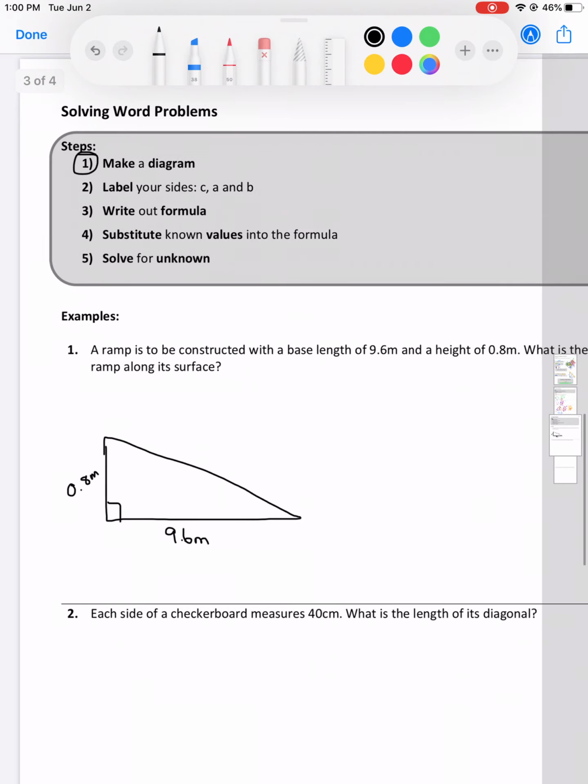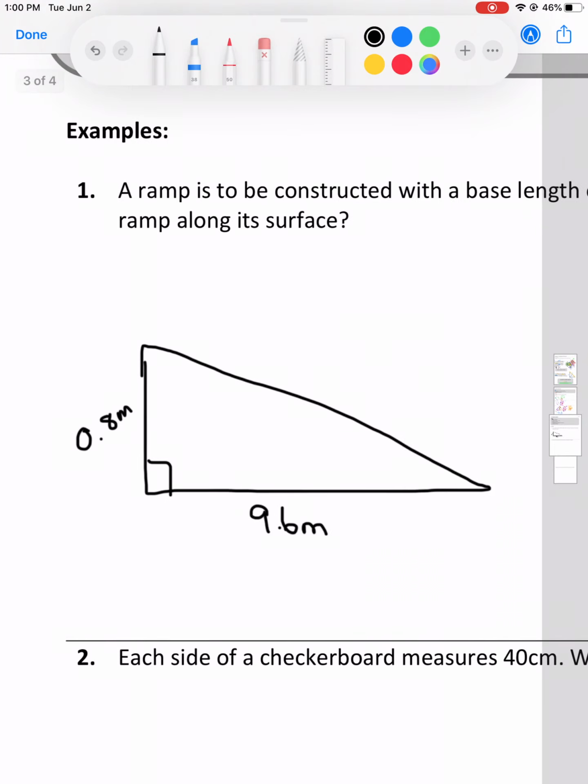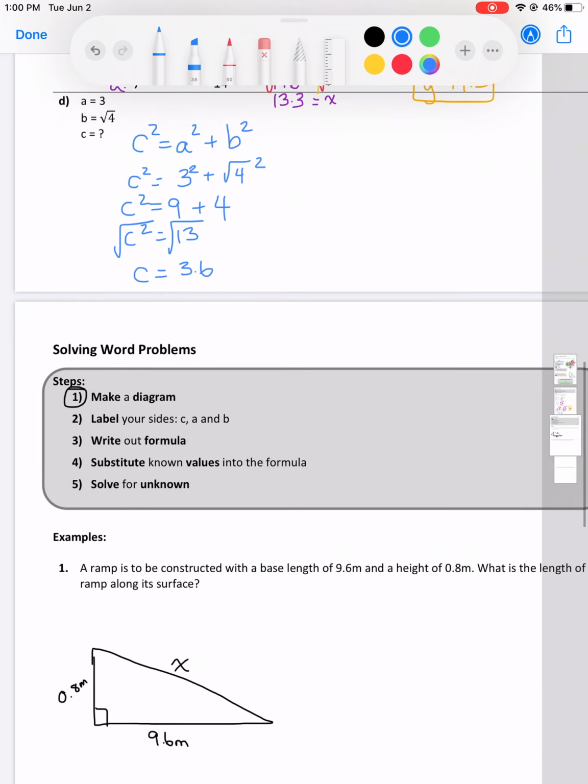What is the length of the ramp along its surface? So we're looking for this. That's it. Label your sides, A, B, and C.